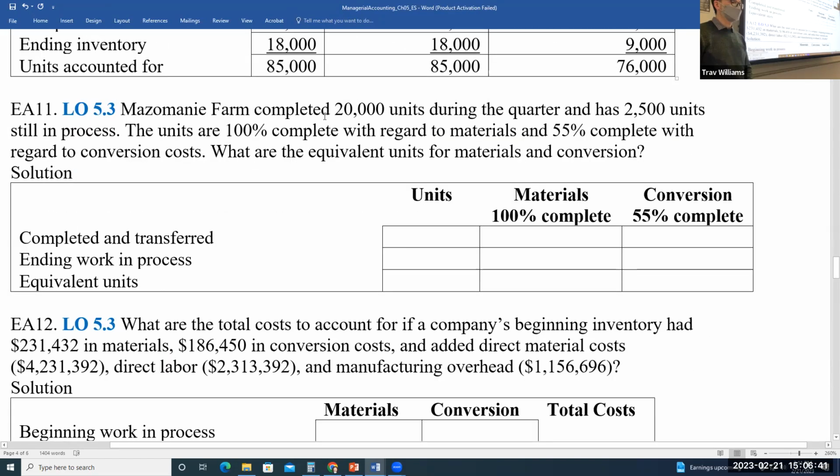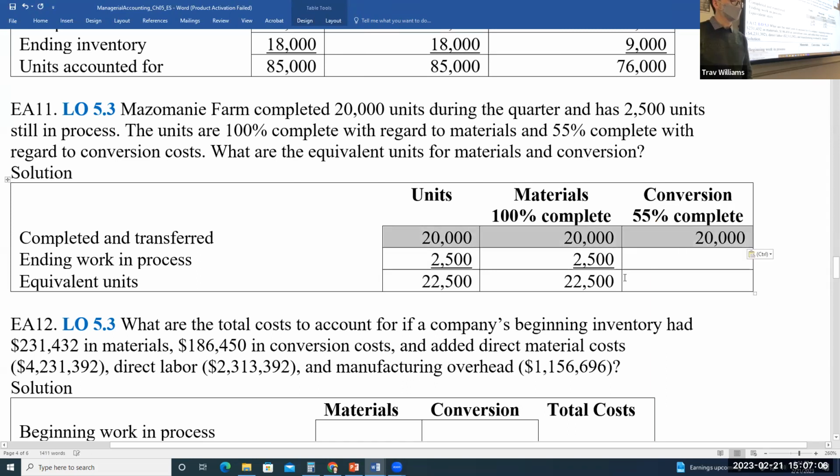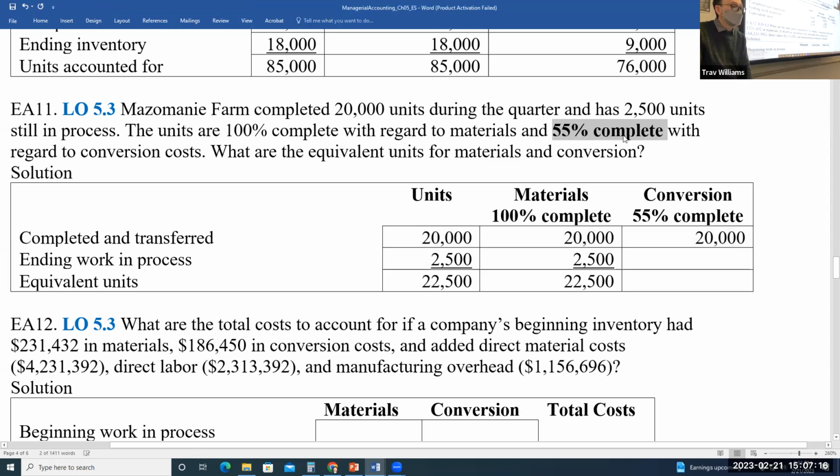Number 11. 20,000 units were completed. 2,500 are still in process. That gives us 22,500 total, right? Put that over here under materials. Completed is the same all the way across. And it says, let's see, the units are 55% complete with regard to conversion.